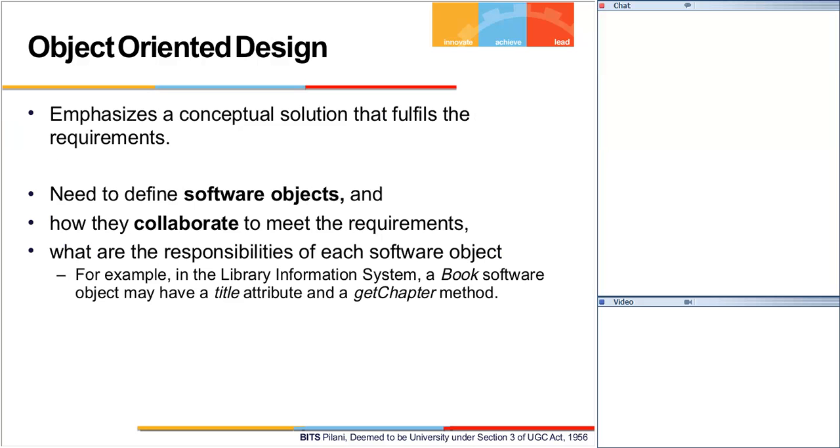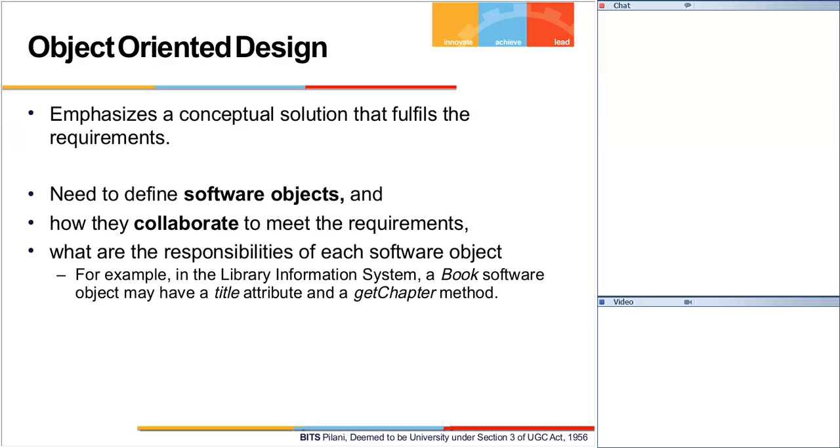There might be certain software objects which are not real-world objects, but which are required to implement the particular solution, right? So these software objects might be the additional objects which are created there, but also there will be the original ones, right?